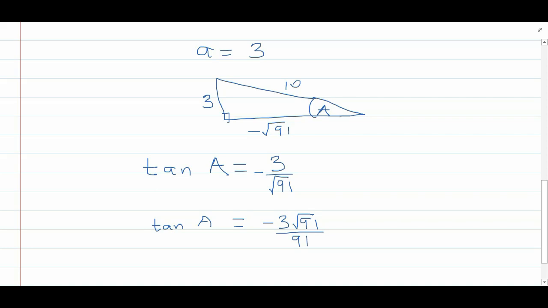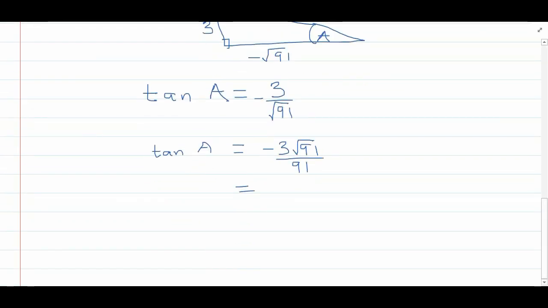Or we can also say it's equal to negative 3 out of 91 root 91. And that will be the end of the question.